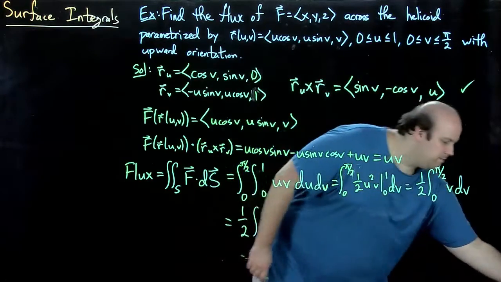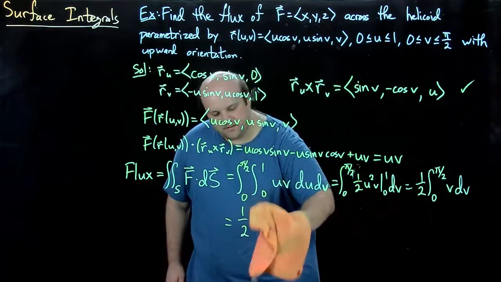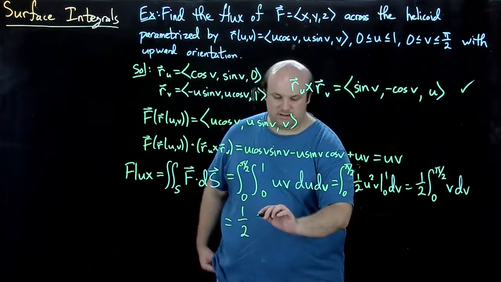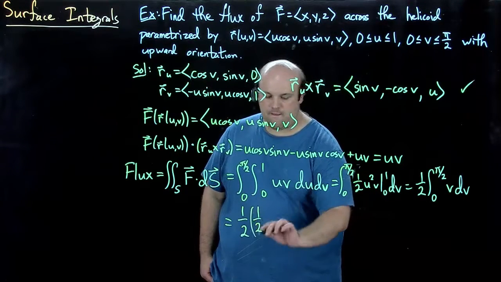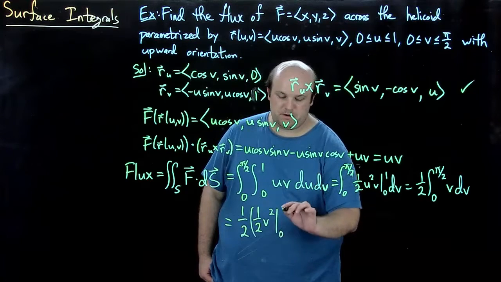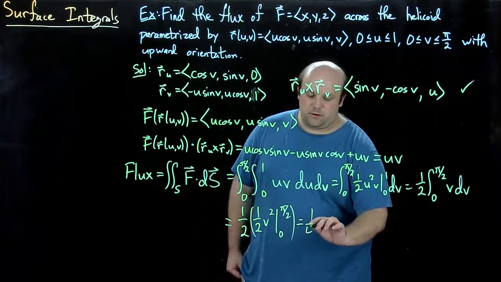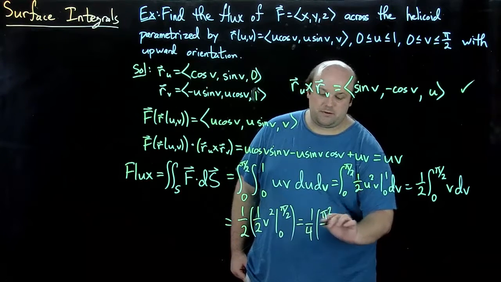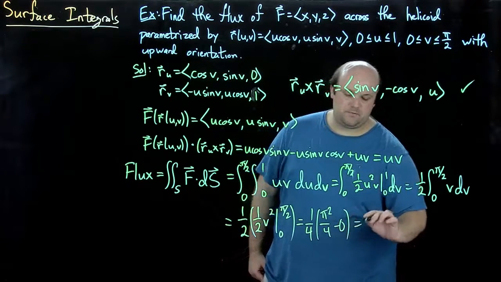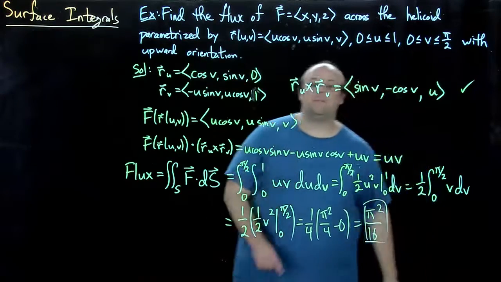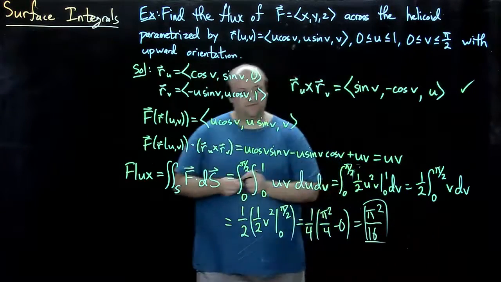Integrate that, and we get another 1/2 v squared from 0 to pi over 2. So that's 1/4 of pi squared over 4 minus 0, so pi squared over 16.